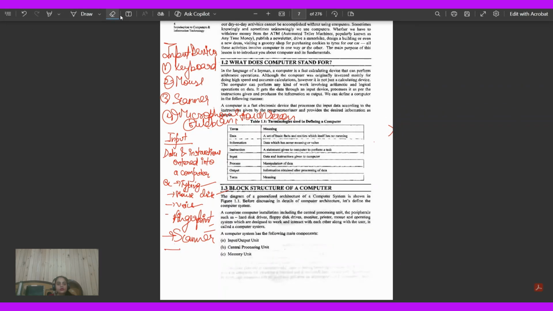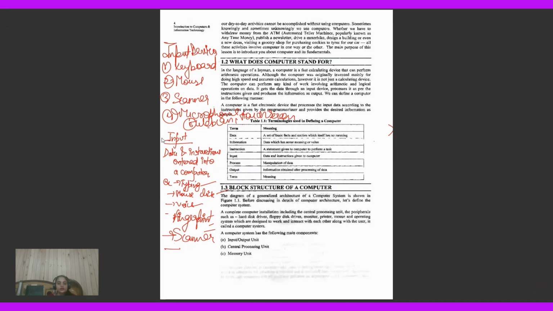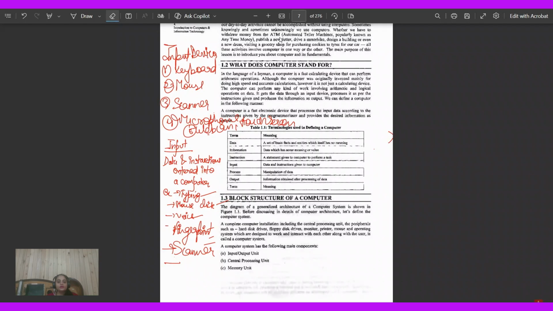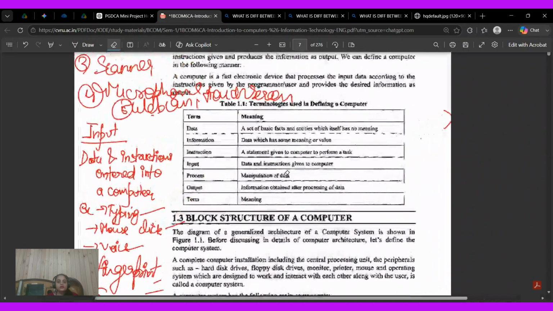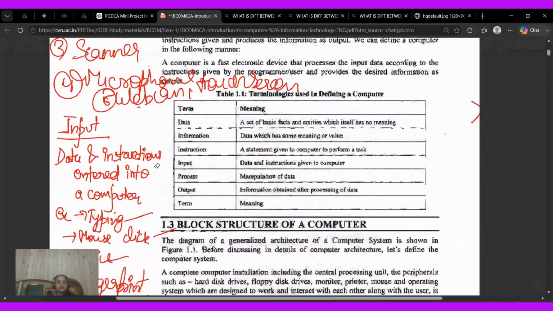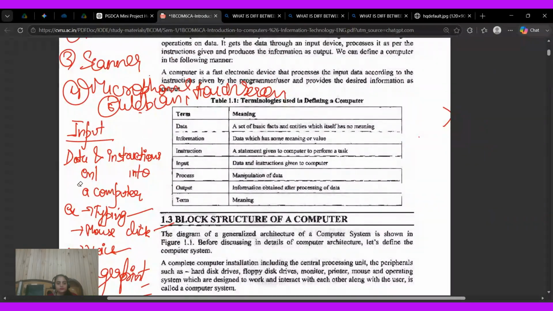I don't know why it's not erasing. Sorry about that. The next thing to learn about today is process. Process is the manipulation of data. What do you mean by process? Very important. Process is the manipulation of data. Manipulation means changing.